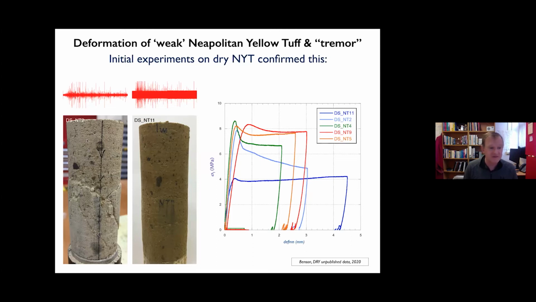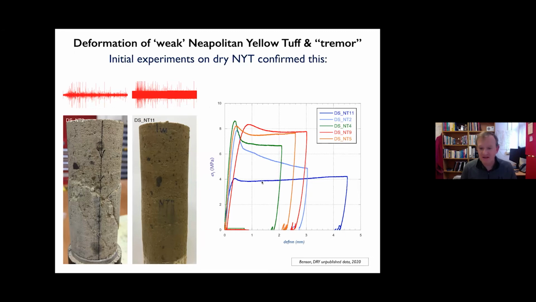So some experiments, here we see the material after they come out of the triaxial machine, just about holding together, generating VT events during the experiment, as we often do.